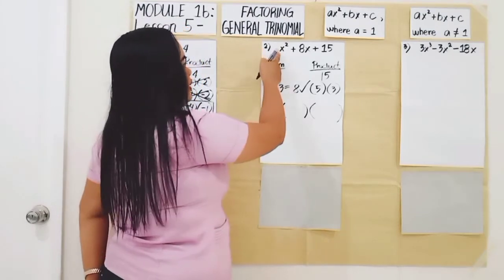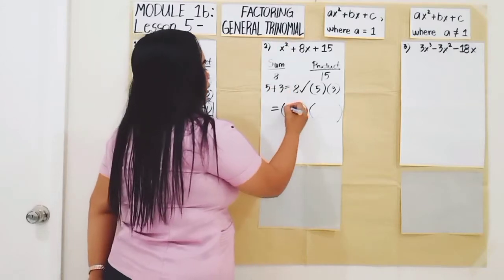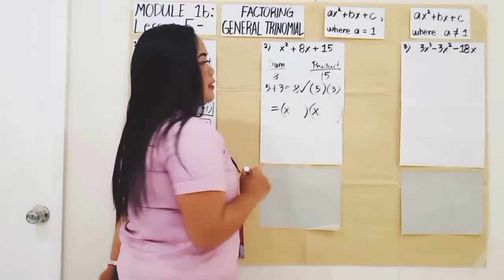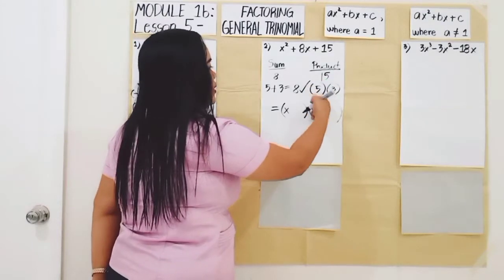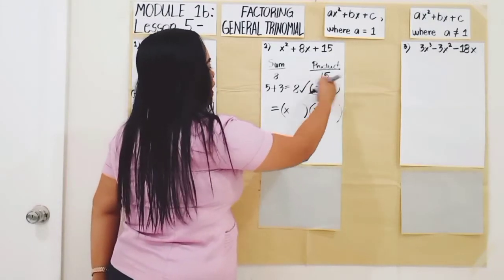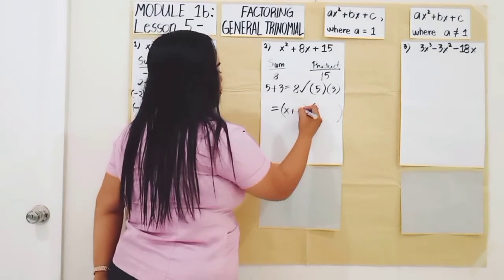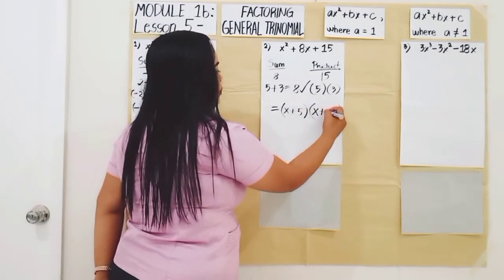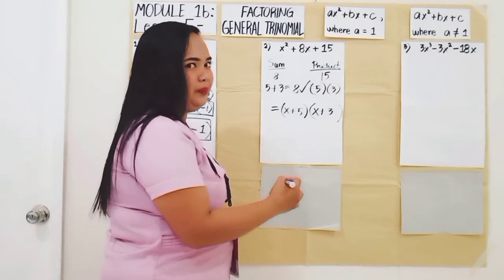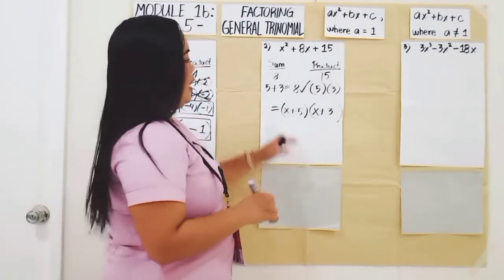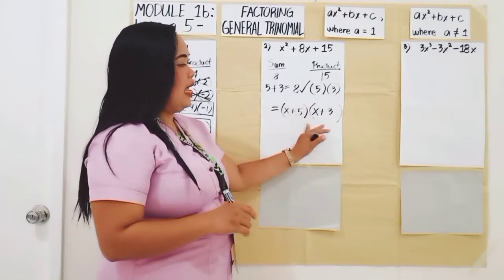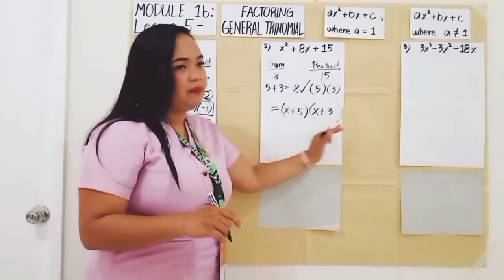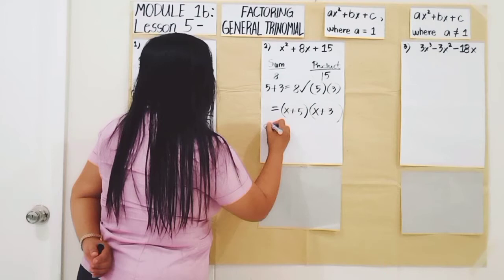So now, what are the factors of x squared? X and x. Copy our factors that we found earlier, which are positive 5 and positive 3. Therefore, our factors are x plus 5 and x plus 3. So let's do checking.